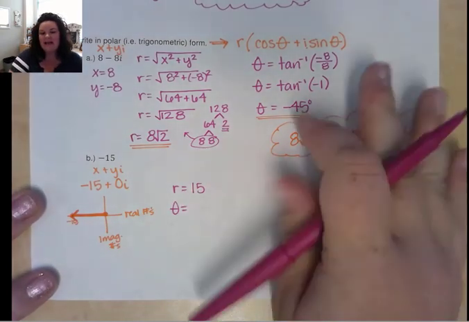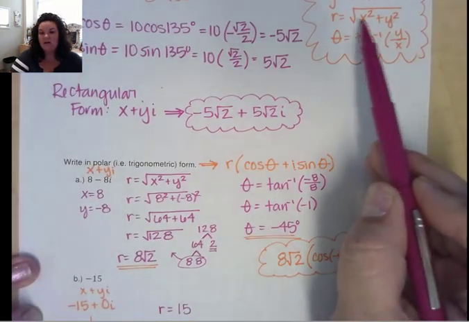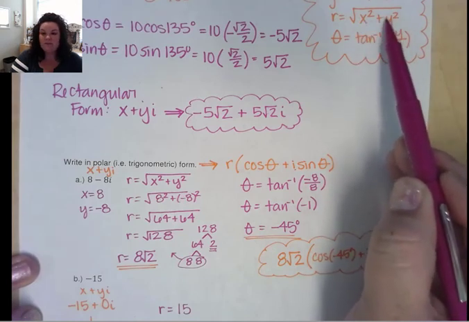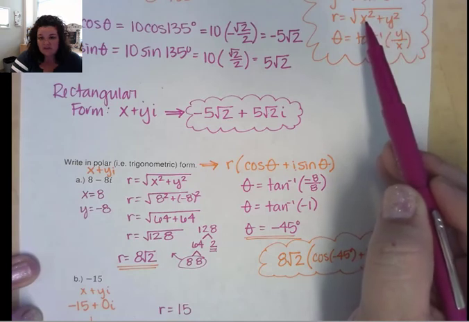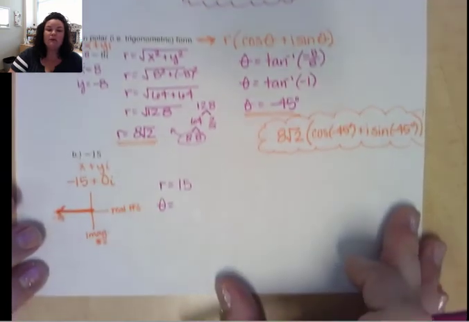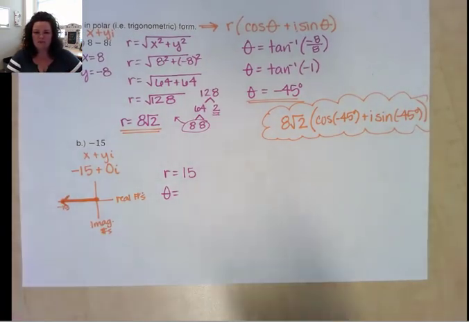You could also use the formula r equals the square root of x squared plus y squared. Your y would just be 0, and you would square your negative 15 and then take the square root of it, which would leave you with a positive 15. I just want to show you how you can think through it on these special cases.